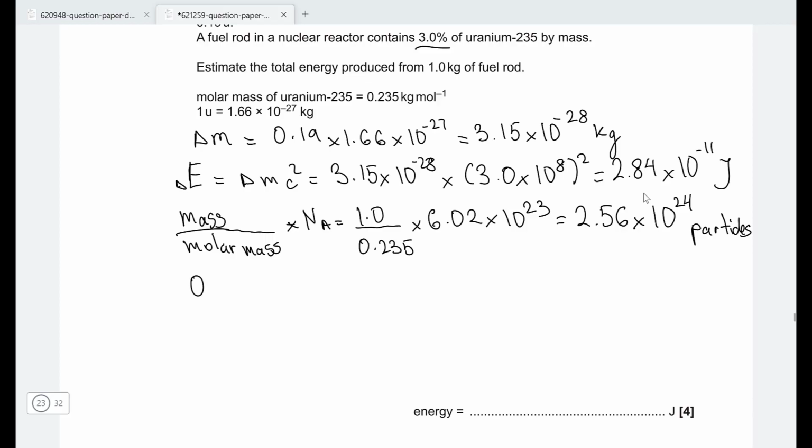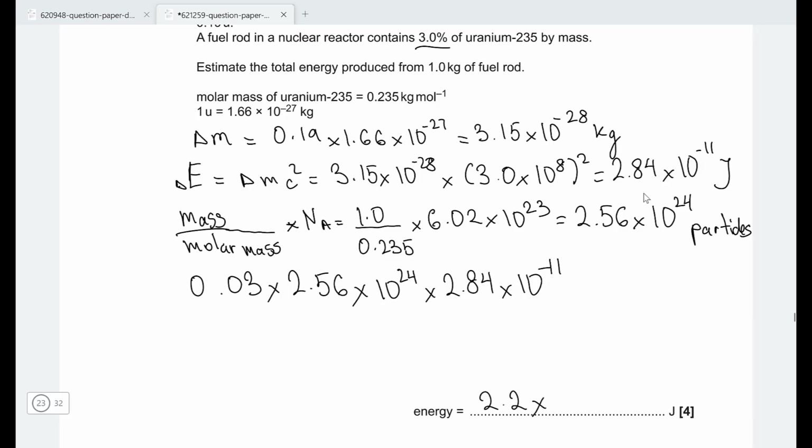So that's going to be 0.03 multiplied by the number of particles, which is 2.56 times 10 to the power of 24, multiplied by 2.84 times 10 to the power of minus 11. Once we multiply those numbers out, we are going to get, up to two significant figures, about 2.2 multiplied by 10 to the power of 12 joules.